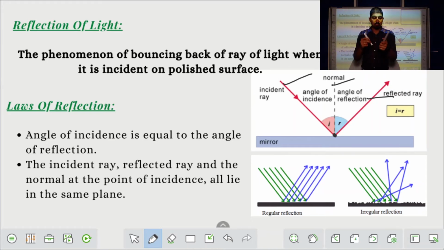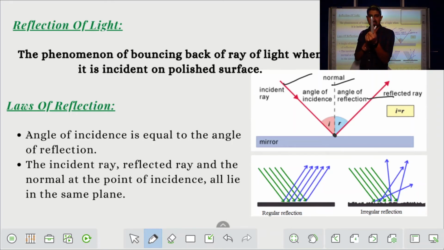Just say this is the incident ray, and it gets reflected, like this. At the center, I'll draw the normal. Now, they are saying all these lines, which are meeting at one point, you can see these are the three lines.